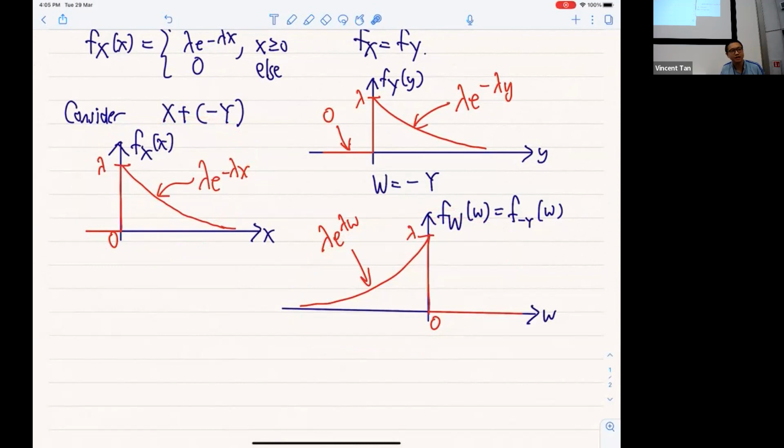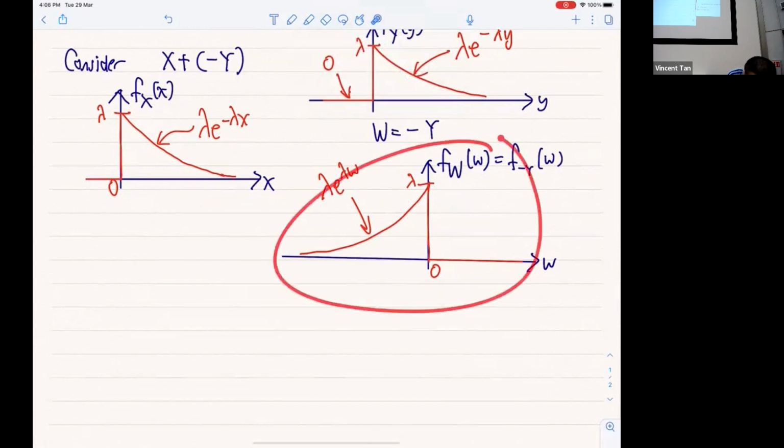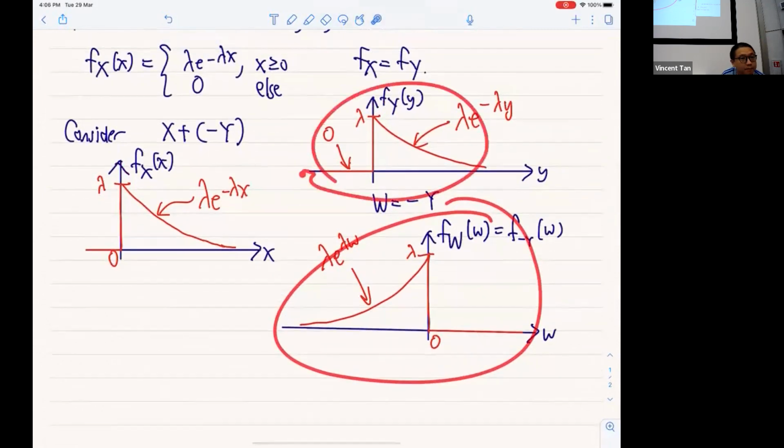In signals and systems, you electrical engineers, EE20-something, you'll learn this, if you recall. So I'm just reiterating this. We need to flip and then slide. We flip this, we get back here. Then we need to slide this left and right.